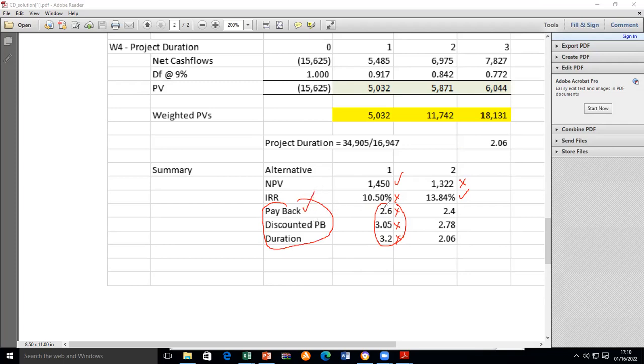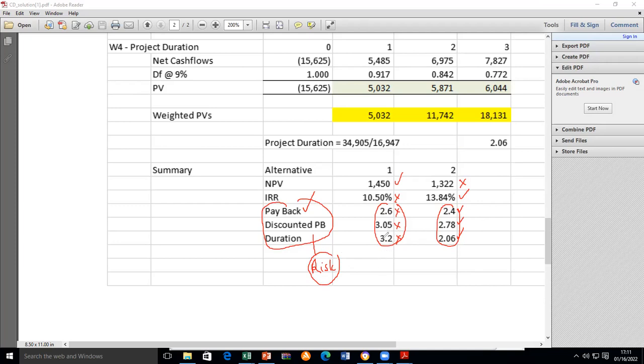We go for projects which have got a shorter payback because they have got a low risk. So duration can be used also then to measure the risk of the project, just like the traditional payback.